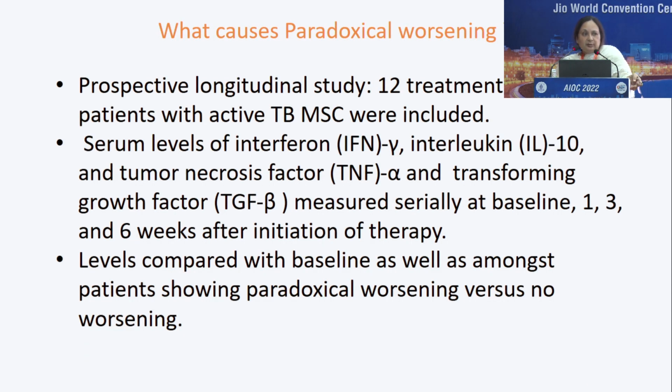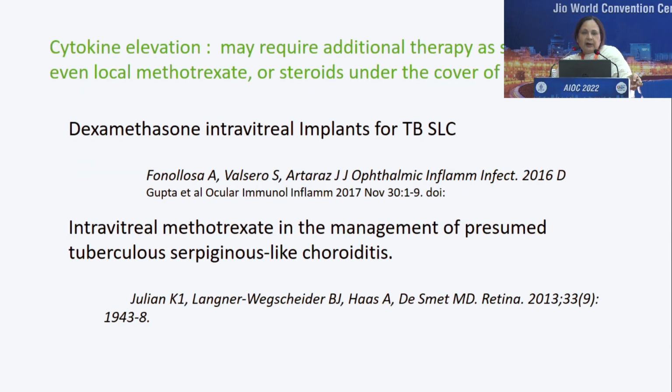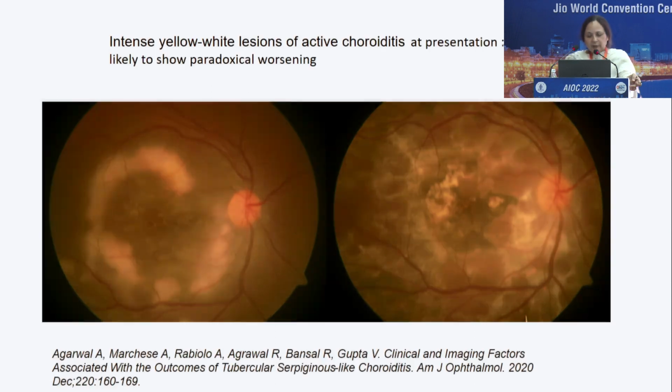The result is the release of cytokines, and the treatment is corticosteroid, which could be local or systemic. Since paradoxical worsening is mostly seen in the immunogenic form of TB, giving the corticosteroid systemically or even locally would be okay.